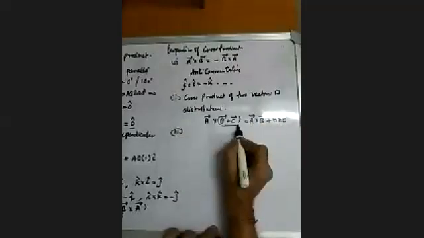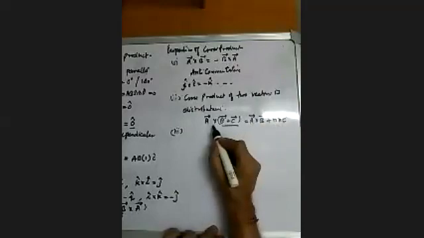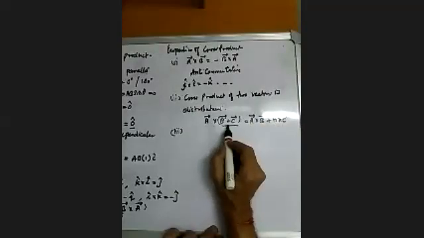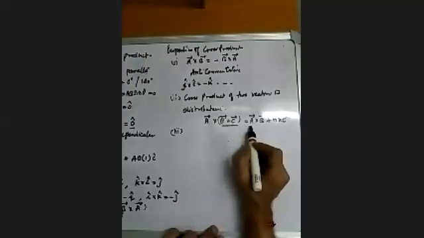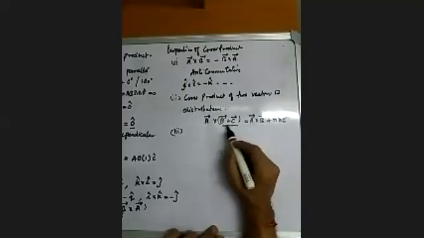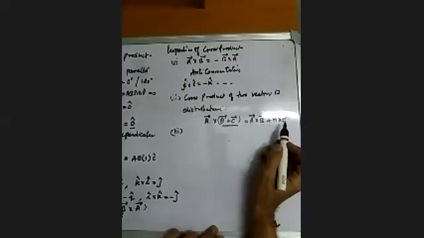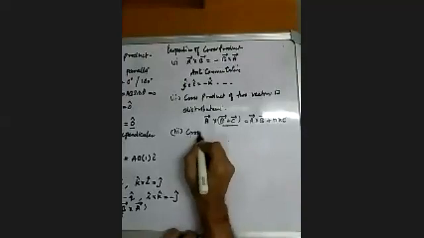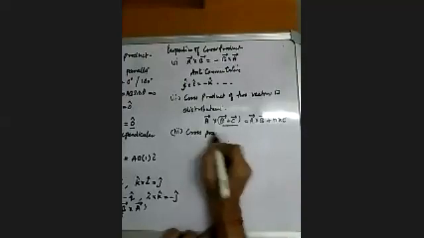So that is distributive. Because if we take the sum of the two vectors and the resultant is used in the cross product with a vector, it will give you a vector cross b vector plus a vector cross c vector. So the cross product is distributive.